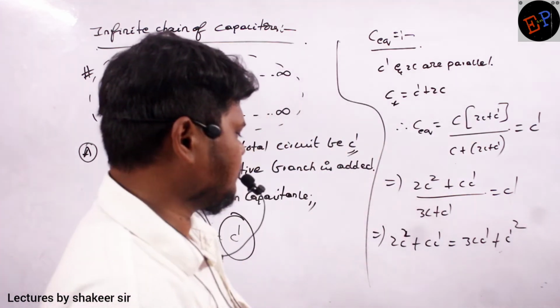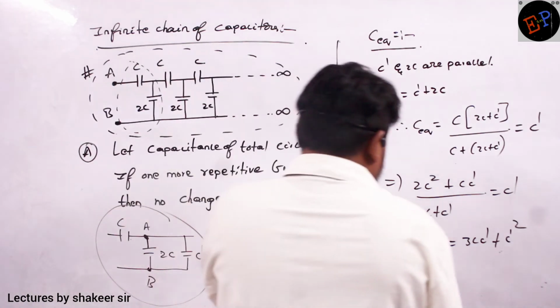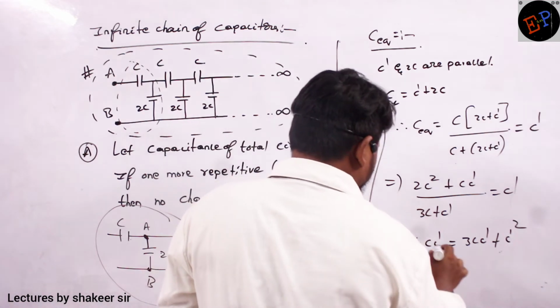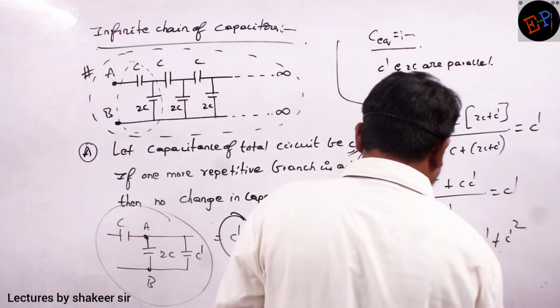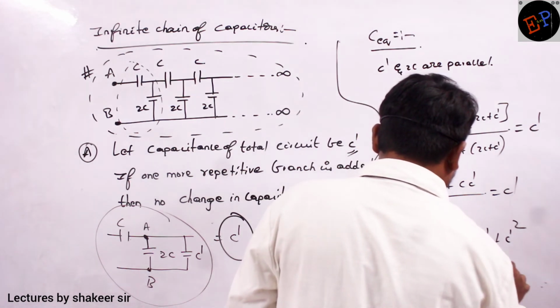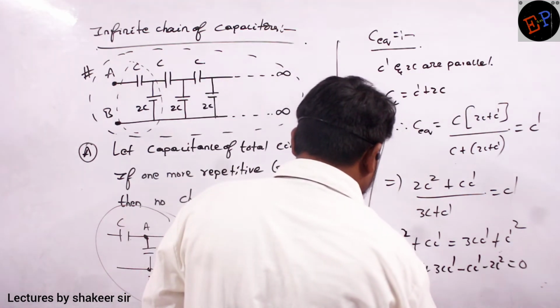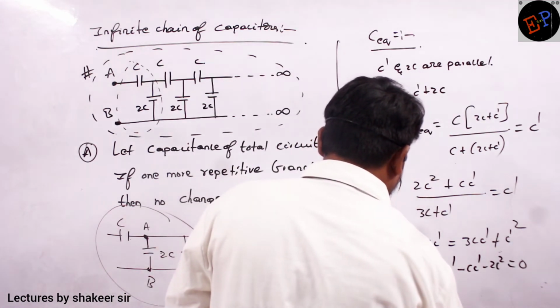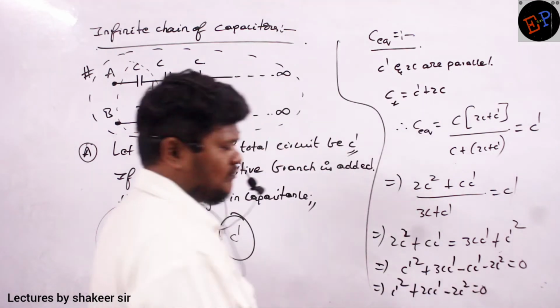Clear, no? So if I take all these terms to the other side, I write C dash square plus 3C C dash minus C C dash minus 2C square is equal to 0. So C dash square plus 2C C dash minus 2C square is equal to 0.